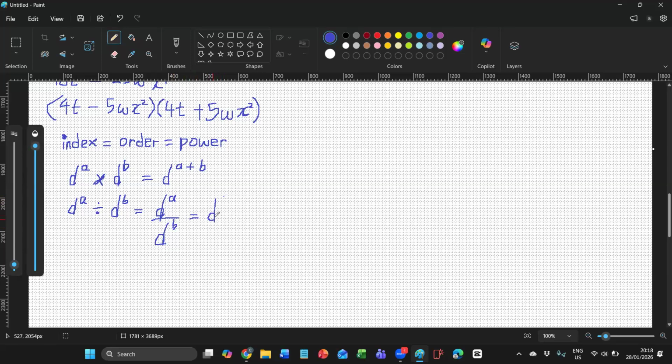D, and then write the power of the one in the numerator. So that means A must come first.